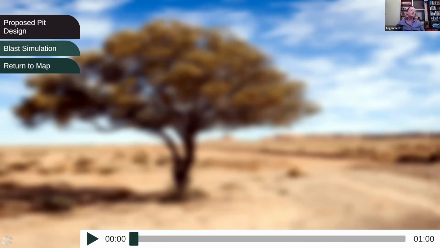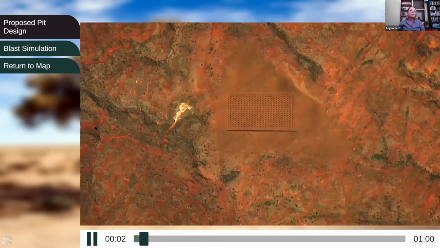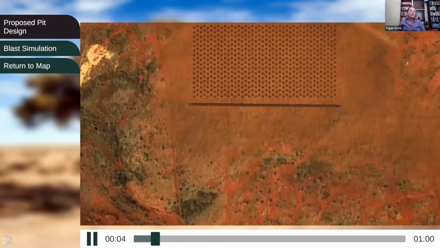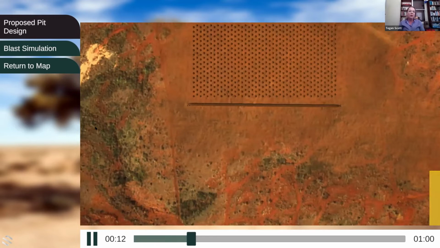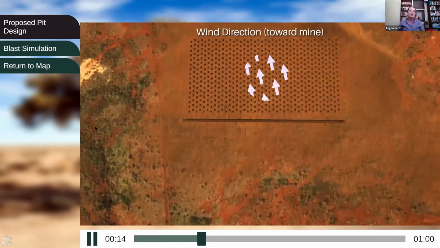So this might come through a little grainy because it's a video. So you'll see this is actually modelled off real blast controls. And this would be specific to the area, specific to the surroundings.